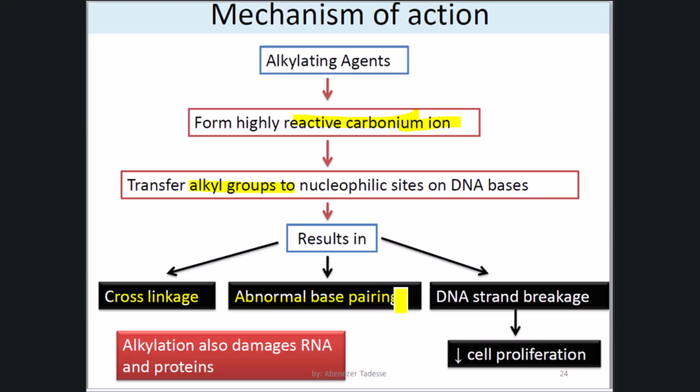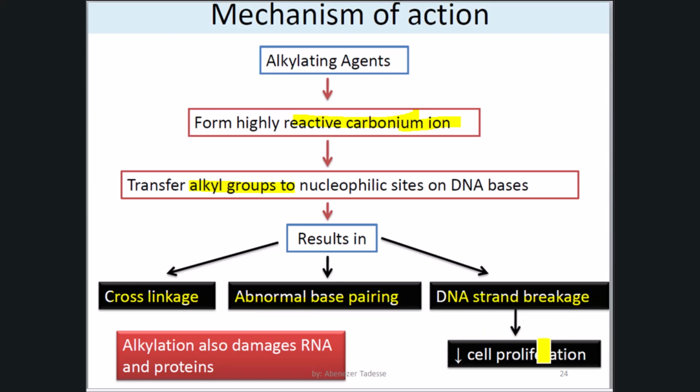The other one is DNA strand breakage. If there is strand breakage, the DNA repair genes will be activated and try to fix the broken strand. If this fails to be repaired, it can induce apoptosis, so generally this leads to decreased cell proliferation.